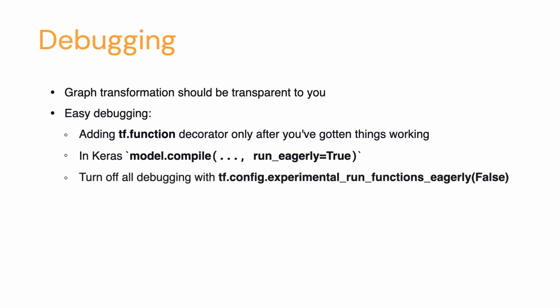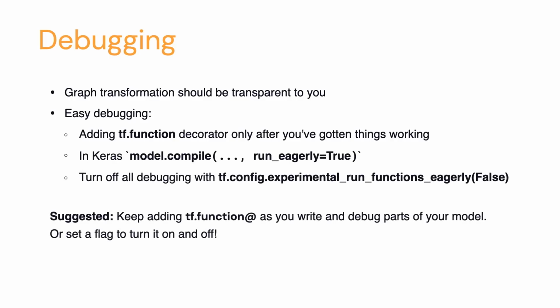It can get a little tricky to debug if you have this graph that you've passed off to the executor and the graph's just being chewed on by the executor and something goes wrong. To make debugging easier, the very first thing I almost always recommend is to switch back to eager and pass the same data in. To keep hold of eager mode, you want to use a tf.function decorator only after you've gotten things working. In Keras, you can also just tell it at the compile step to run eagerly, and then it'll run eagerly automatically.